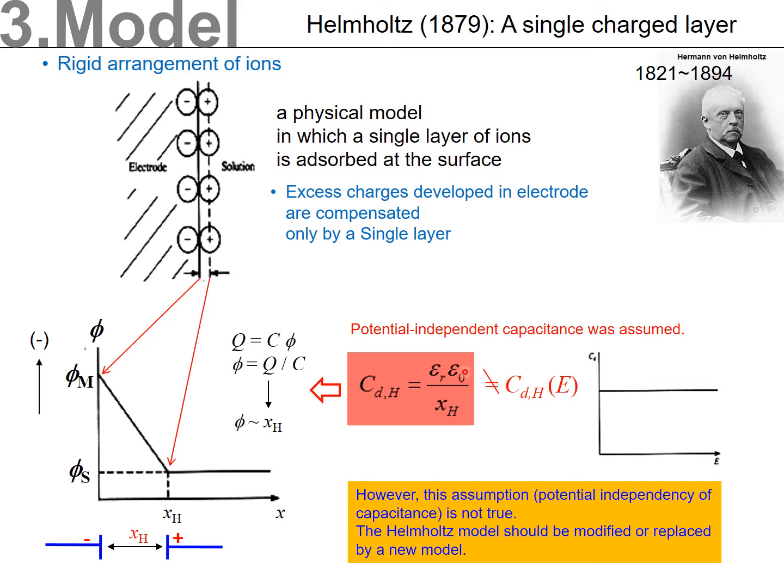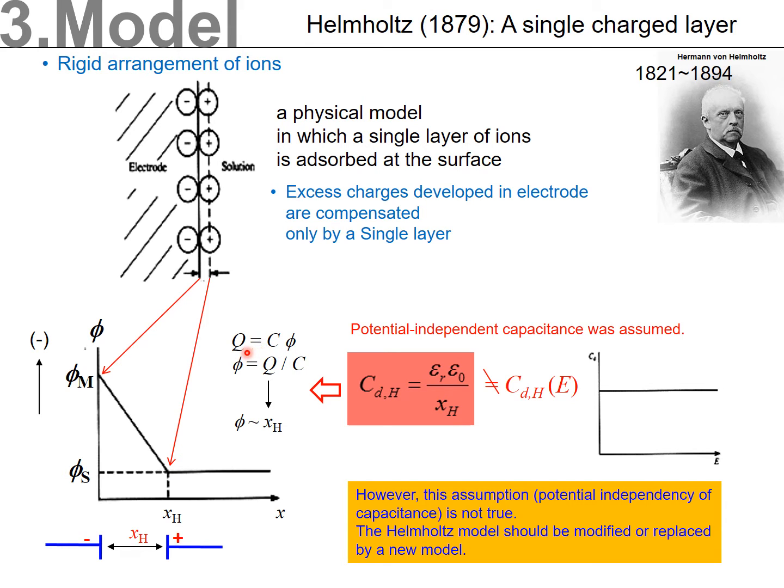So epsilon 0 is a kind of constant, however, epsilon r is the property of the electrolyte. So, I mean, the capacitance value is inversely proportional to the distance between two plates, or the thickness of the Helmholtz layer. Then, let me get this equation into the basic equation about the capacitance definition.